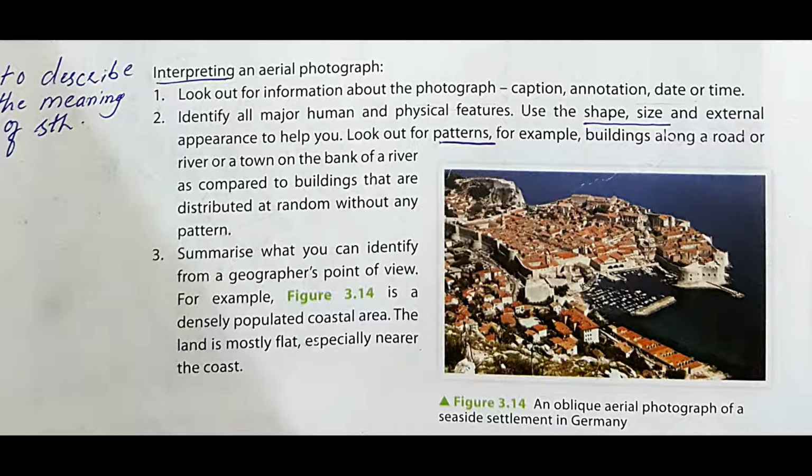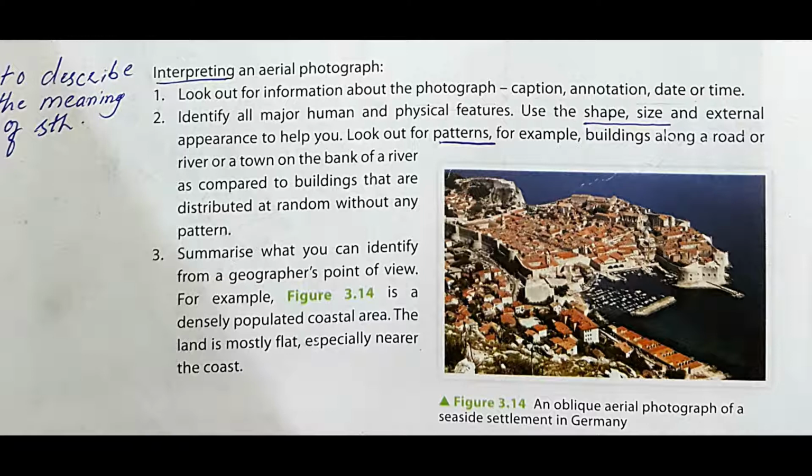The size of an object is one of the most distinguishing features and one of the most important elements of interpretation. Students, caption, annotation, date or time are elements of interpreting an aerial photograph, and size is the most important element of interpretation.